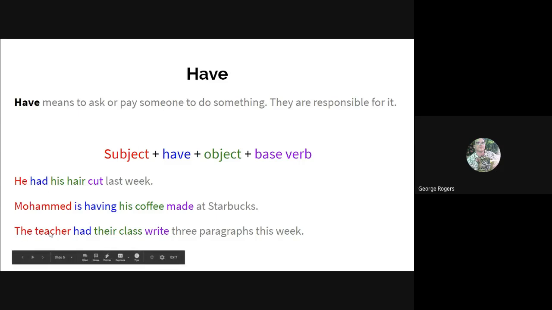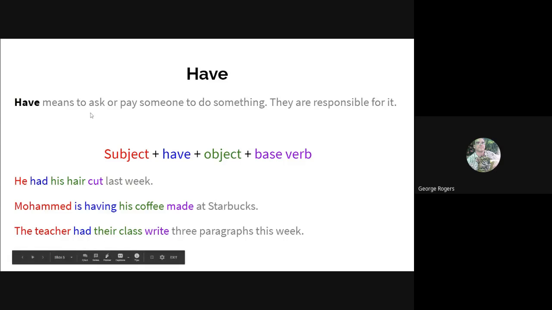The teacher had their class write 3 paragraphs this week. So again, the teacher didn't write the paragraphs, the class did, the students in the class. Right? So again, past tense.